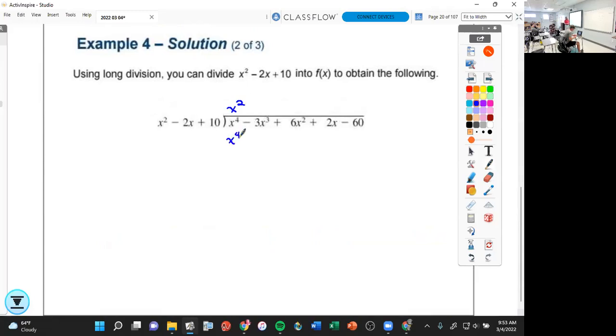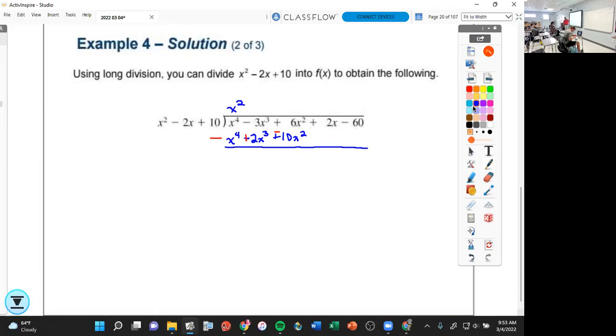X squared times negative 2x, negative 2x cubed. X squared times 10, plus 10x squared. It's now rhyme time. Draw your line. Change your signs, all of them, and now combine, right?